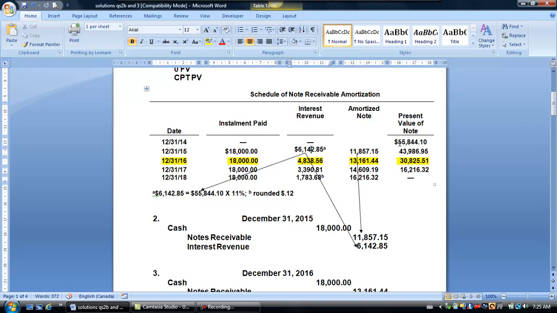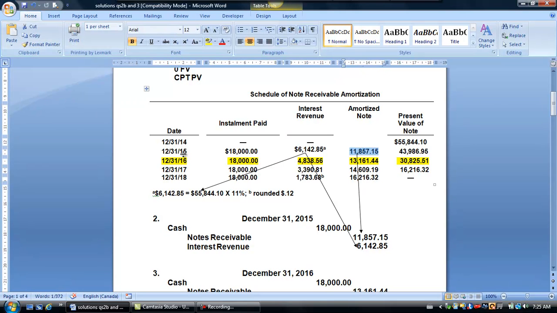So the difference between the note at its carrying value at the date it was issued and the amount of principal paid down by Beggy's $18,000 payment is going to leave us with a present value of $43,986.95.